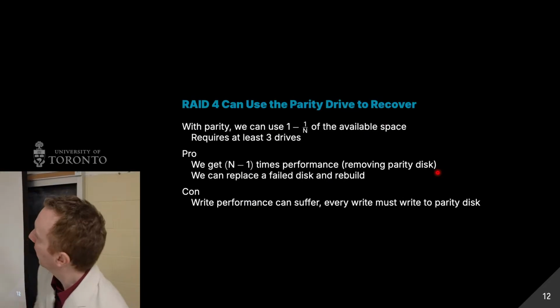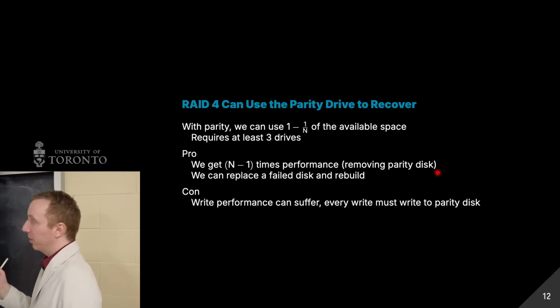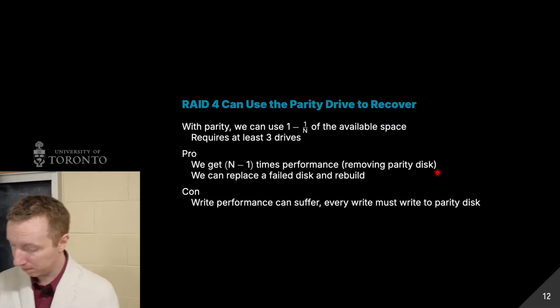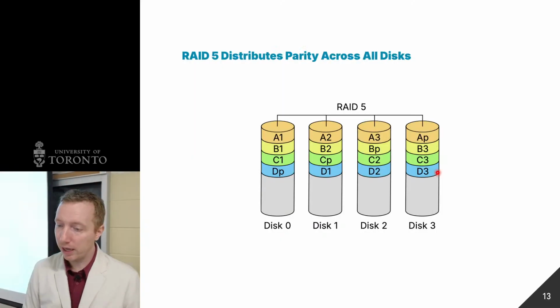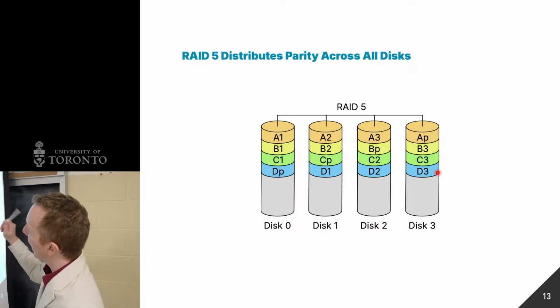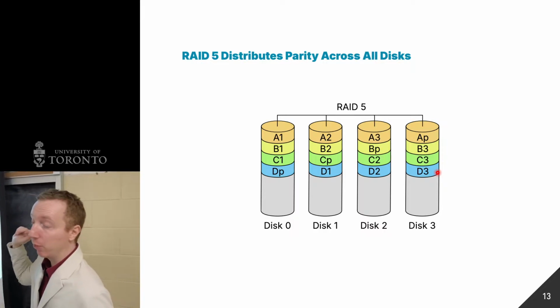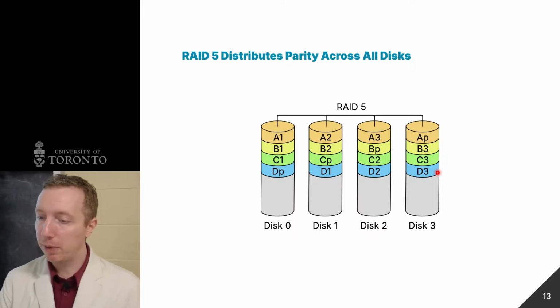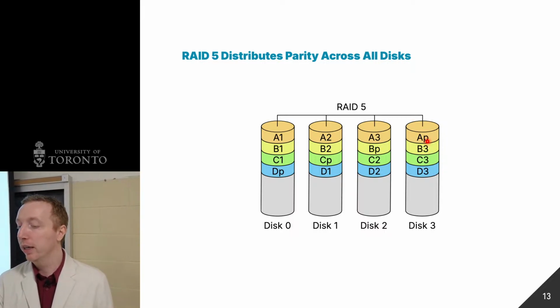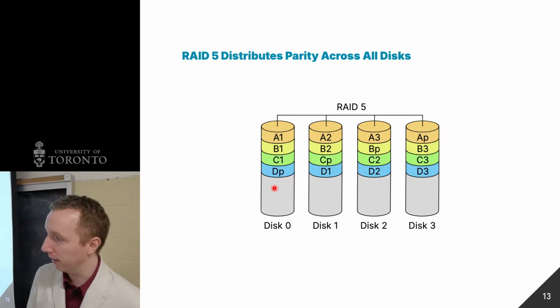All right. So questions about that before we get into the next RAID? So next RAID is the one that's actually going to be used. RAID 5 is the exact same idea as RAID 4, except this parity information, instead of being concentrated on a single disk, is distributed across all of the disks.